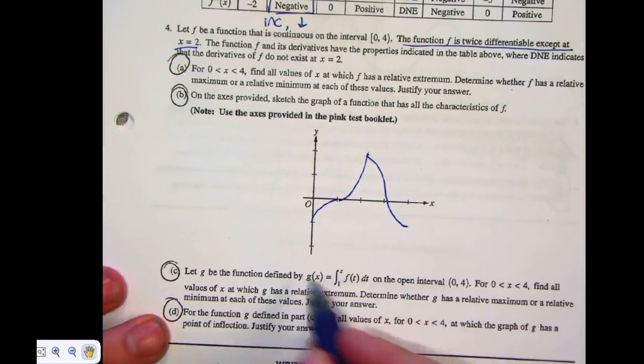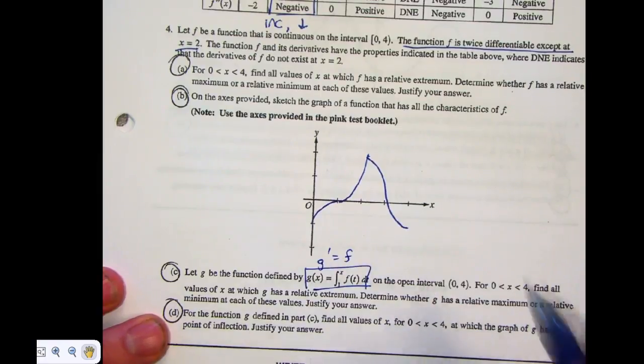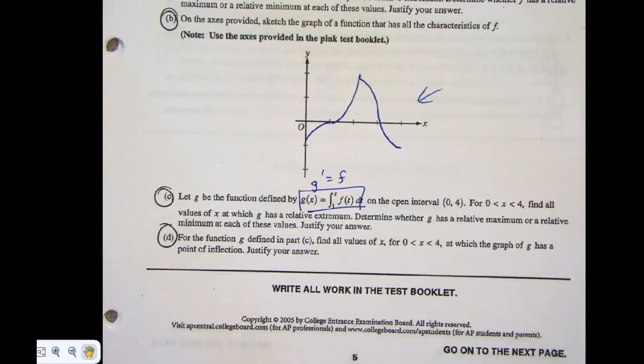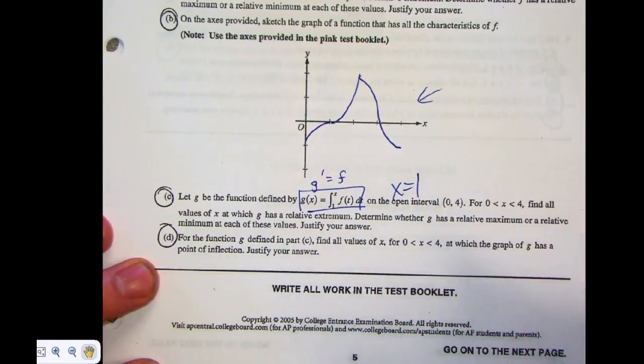Now they're saying g is the integral of that, which means g prime equals f. So this is now a graph of the derivative that they're talking about. So now, looking at that as the derivative, where are their relative extrema? 1 and 3. X equals 1 is what kind?